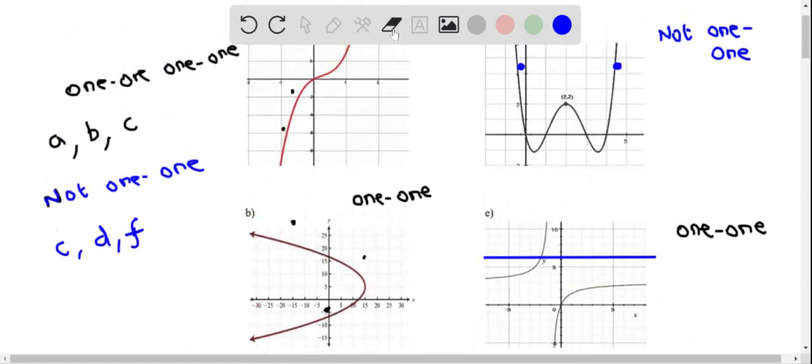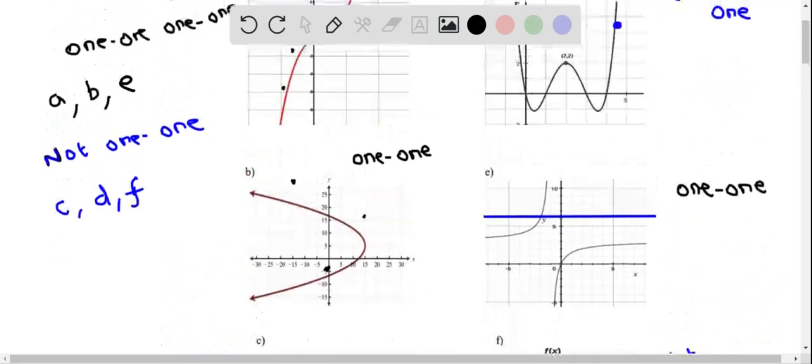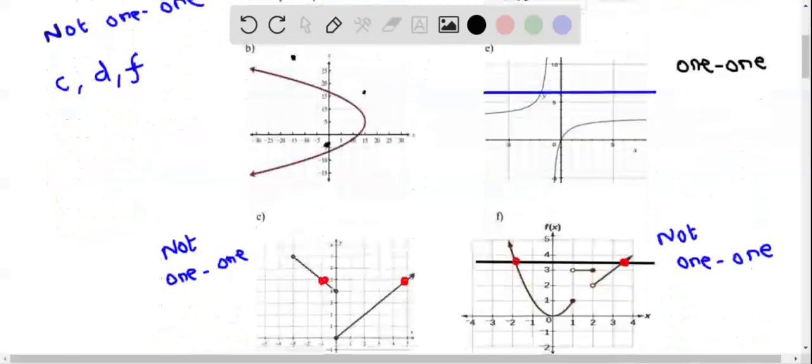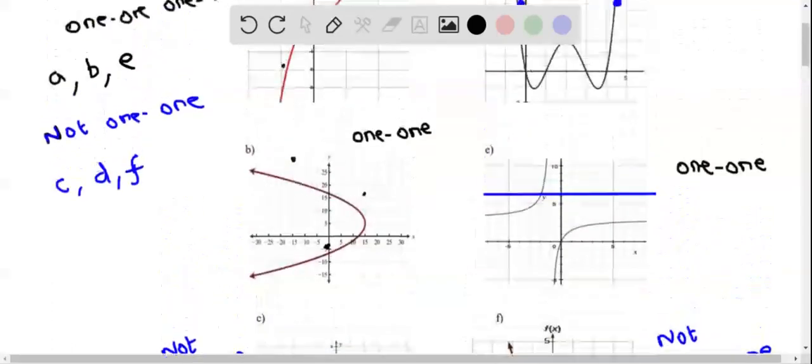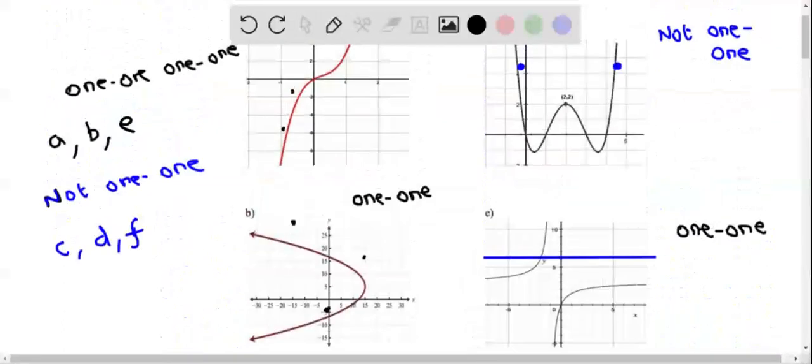To be clear, the graphs given in part A, part B, and part E are one to one. The rest of the graphs, that is part C, part D, as well as part F, are not one to one.